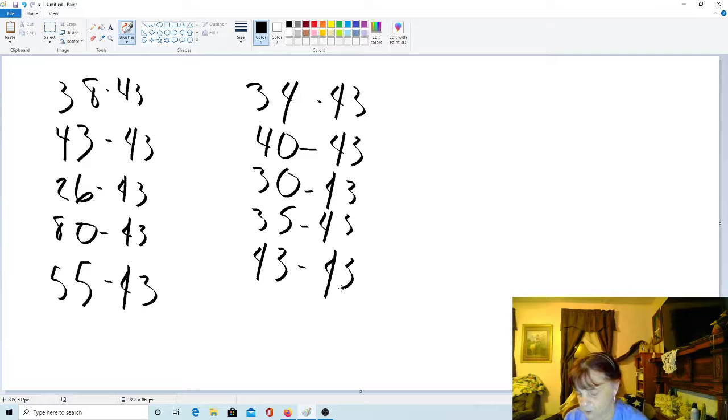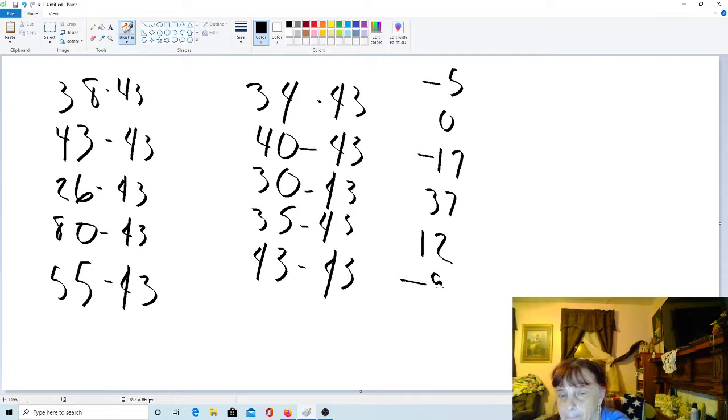Okay, 38 minus 43 is negative 5. And 43 minus 43, of course, is 0. 26 minus 43 is negative 17. 80 minus 43 is 37. 55 minus 43 is 12. 34 minus 43 is negative 9. 40 minus 43 is negative 3. 30 minus 43 is negative 13.